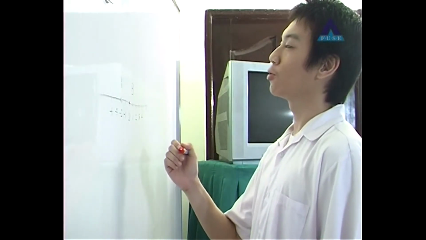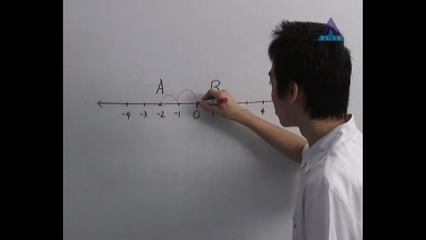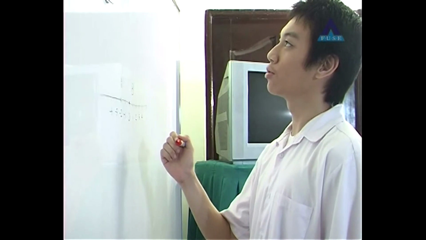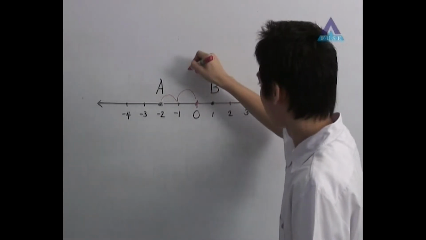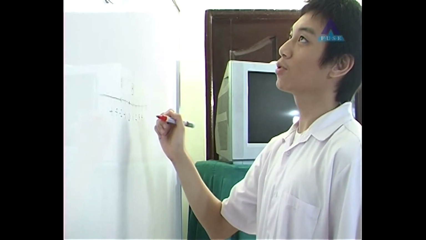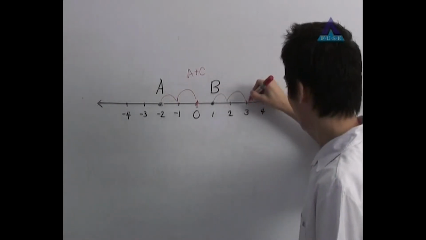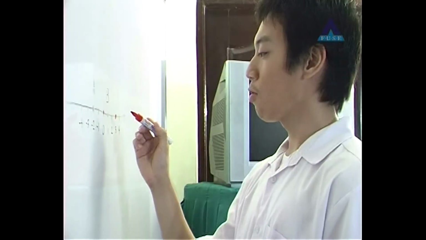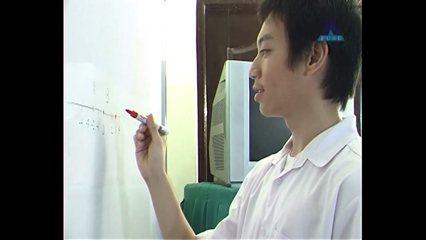If we let C be equal to 2, then A plus C, or negative 2 plus 2, which is equal to 0, will be here. While B plus C, or 1 plus 2, which is equal to 3, will be here. Oh, A plus C is less than B plus C, since 0 is less than 3.